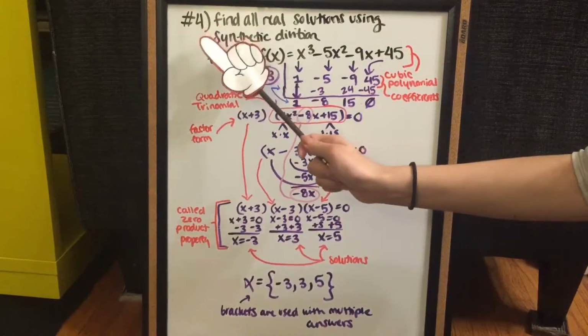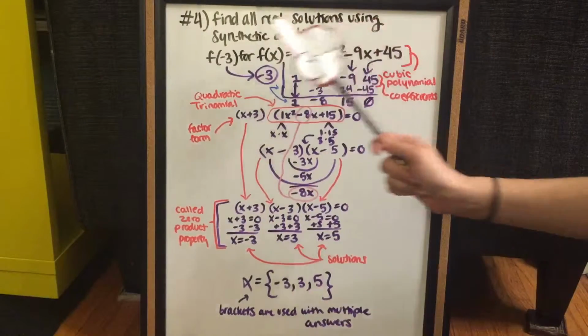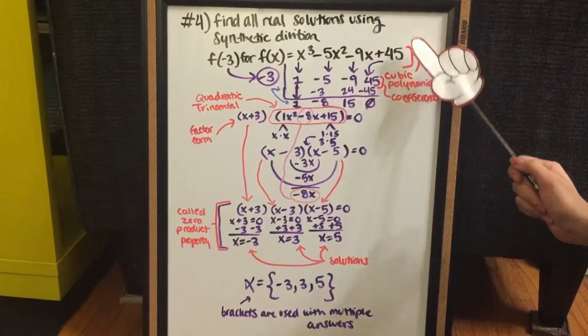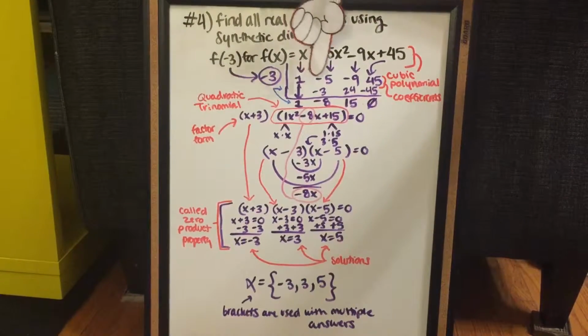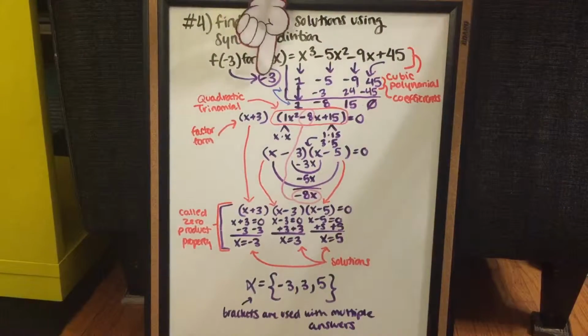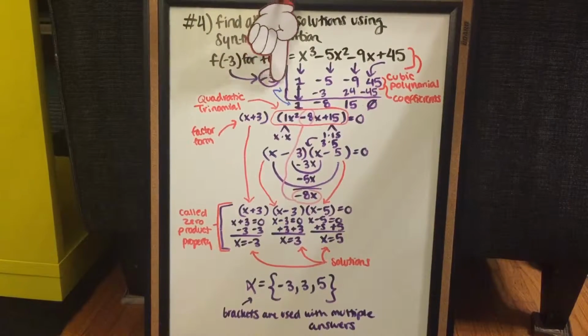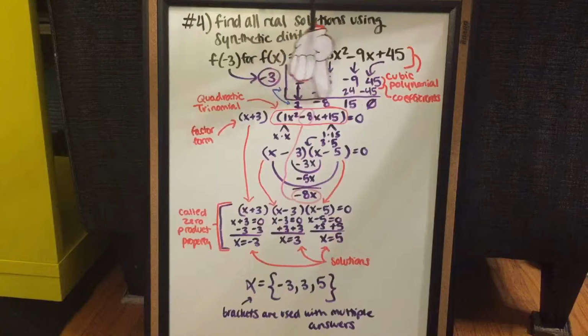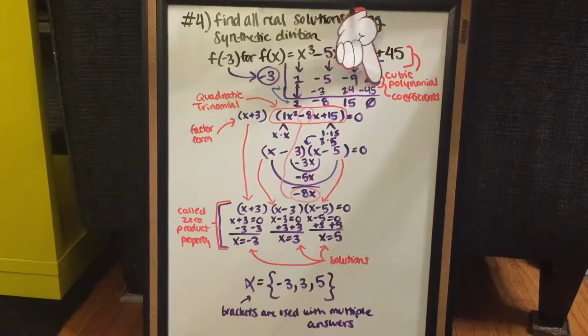Number 4 is find all real solutions using synthetic division. Here is our cubic polynomial, and you move these down for our coefficients, and you have to multiply the negative 3 that came from here by these bottom numbers to get the ones here.